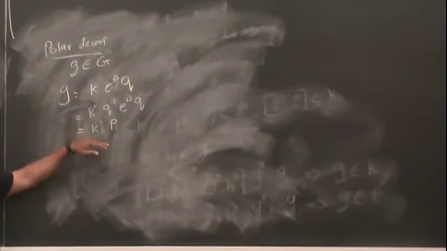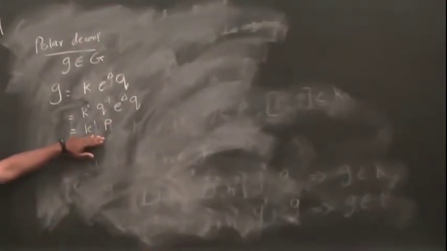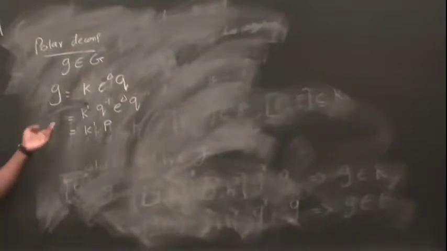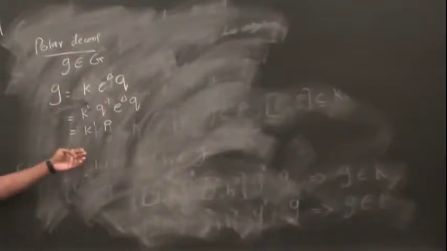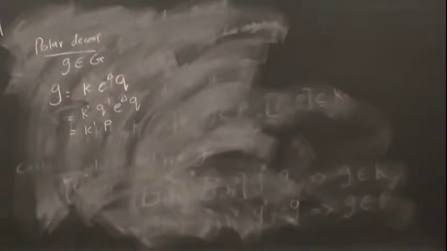K prime in that case comes from the unitary group, and P are all positive semi-definite Hermitian matrices. So any matrix can be written as a unitary multiplied by a positive semi-definite Hermitian matrix. That's the polar decomposition that we know, right? So this is a generalization of that. Any questions?